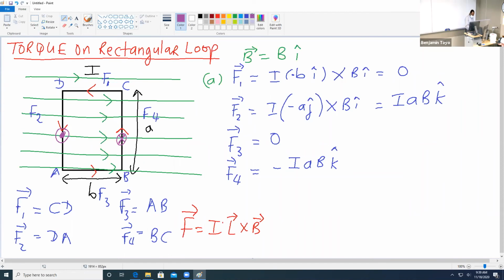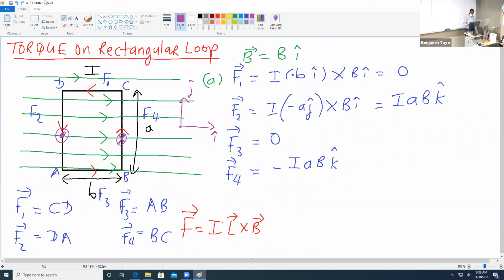Again, notice that if this is my I direction, this is my J direction, then where is my K? It's coming out of the screen, right? So it means that between point D to point A, the force is coming out. So this side experiences the force that is coming out like this, and the other side experiences the force going in. So out and in would generate a torque that is going to rotate this object.